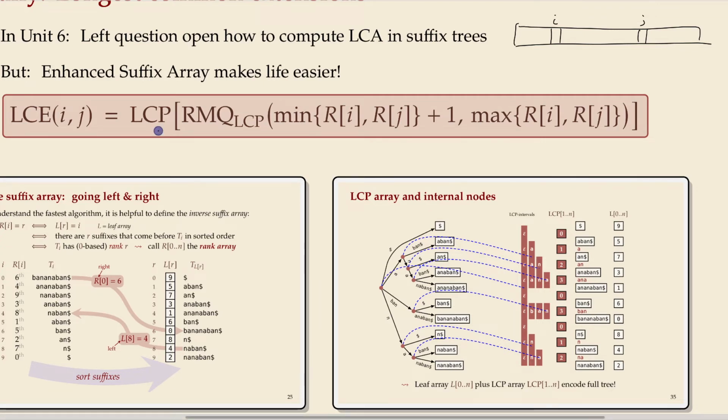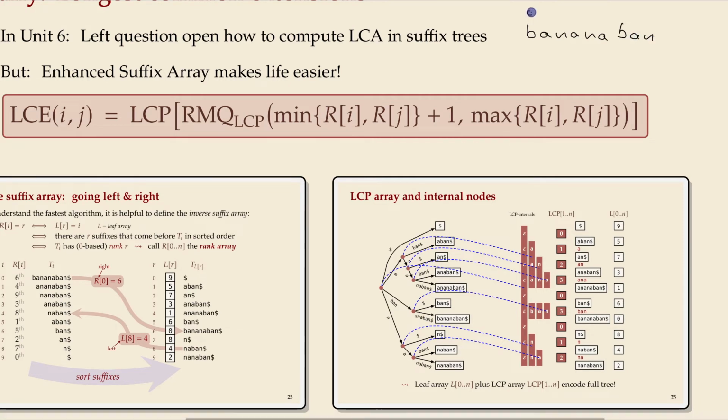We know that this is the longest common prefix of two suffixes, namely the suffixes starting at position i and j in the text. Shall we make this concrete instead of an abstract example? Then you can follow the numbers through. I think this is more helpful. And so we need our string.